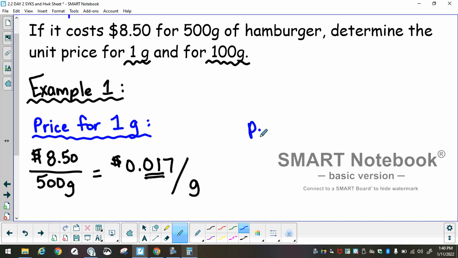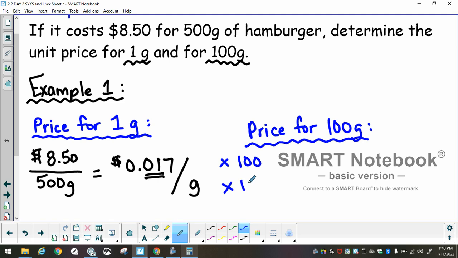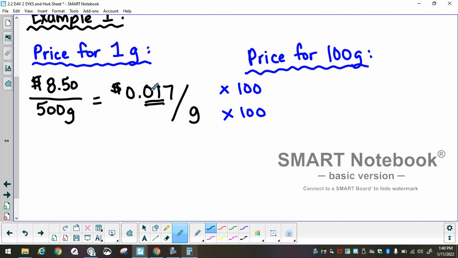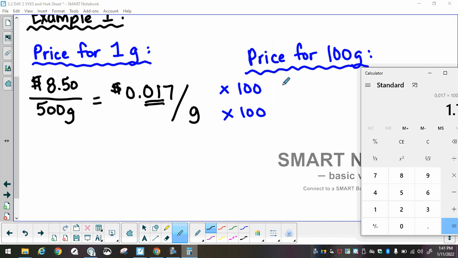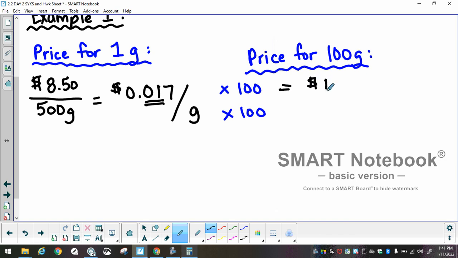To find the price for 100 grams, so this is the new part that we haven't done already, you're going to multiply the top by 100 and the bottom by 100, and that will give us our price for 100 grams. So 0.017 times 100 is 1.7.